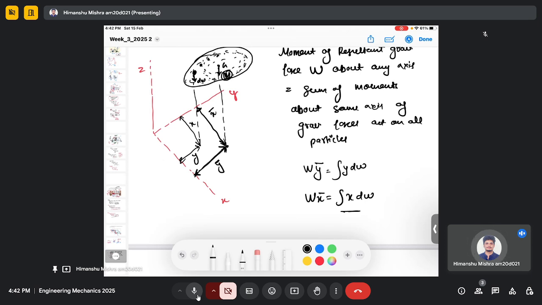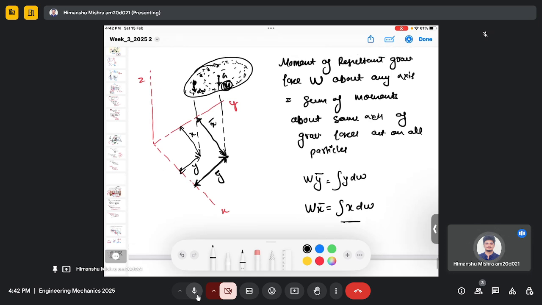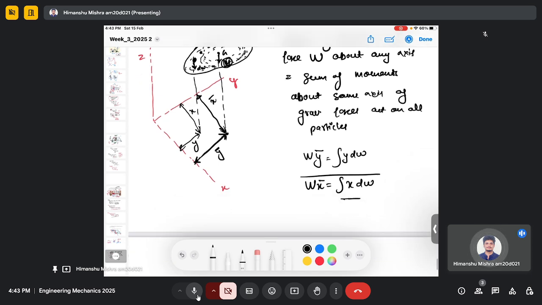So this summation will contain all the gravitational forces of these particles, and x multiplied by dW is the moment due to all the forces of the small particles that we are referring to in this body. So this is the equation from which we can find x bar and y bar.